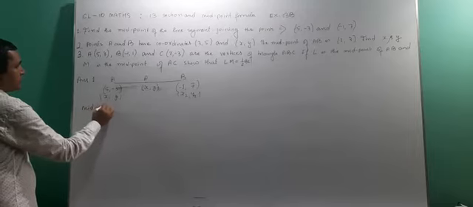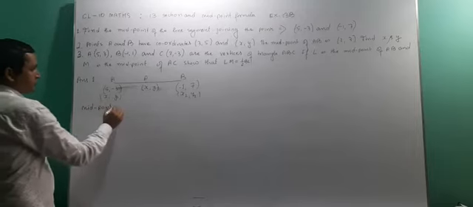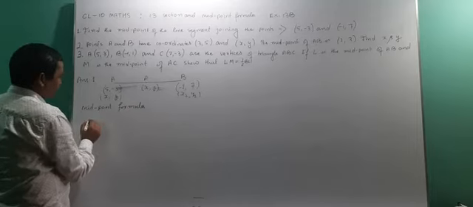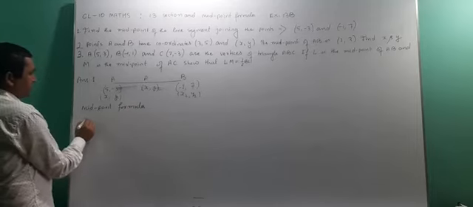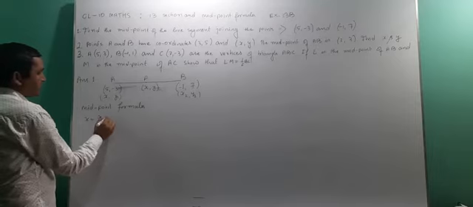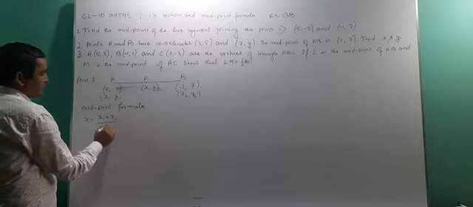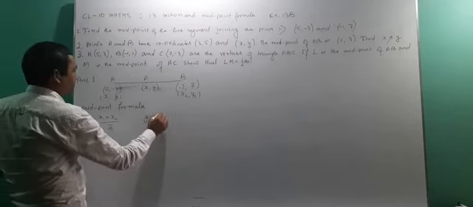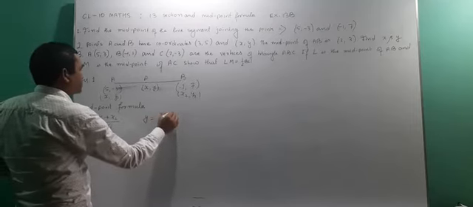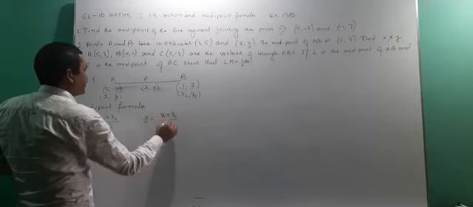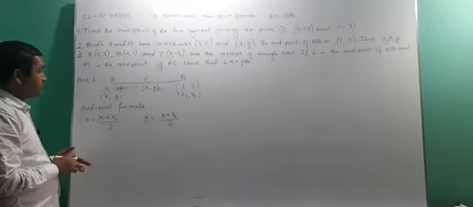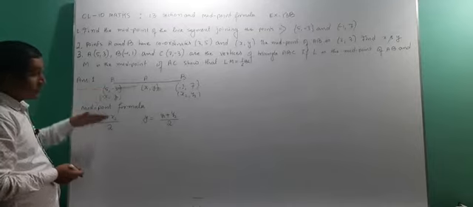Midpoint formula: x equals x1 plus x2 divided by 2. This is very easy. Then y equals y1 plus y2 divided by 2. Same thing we can do directly also, without using the formula.